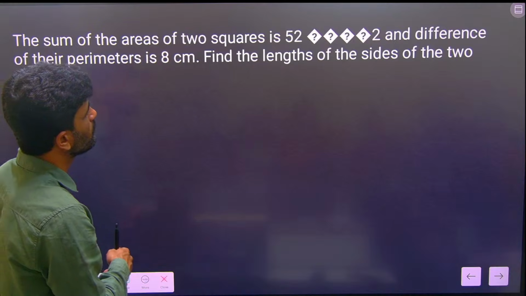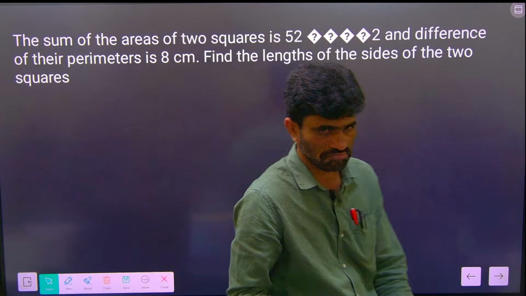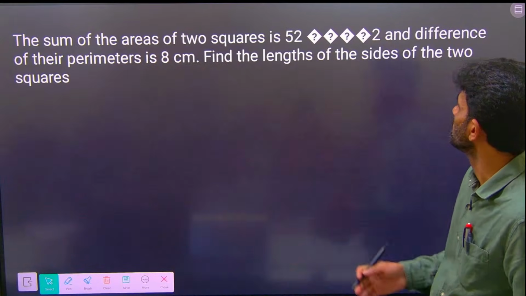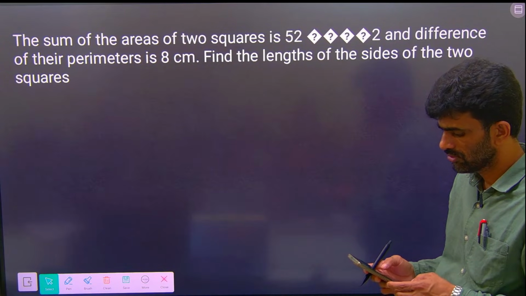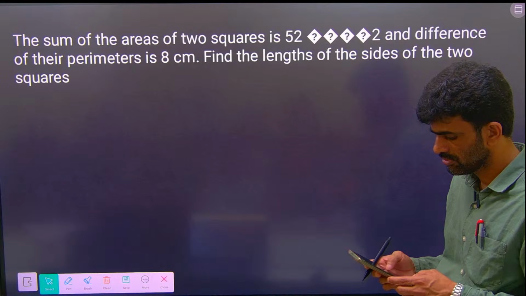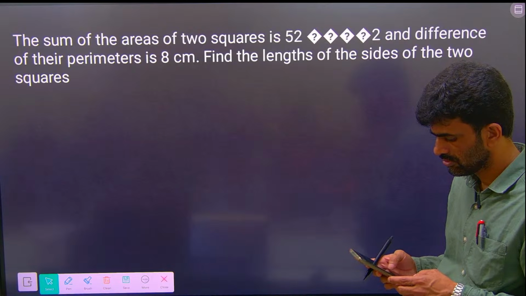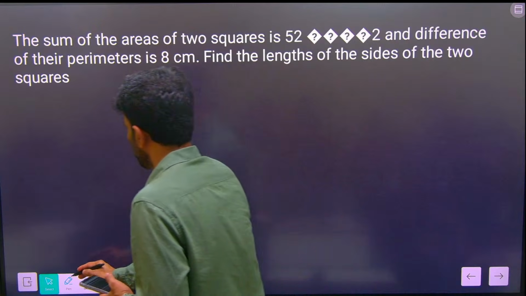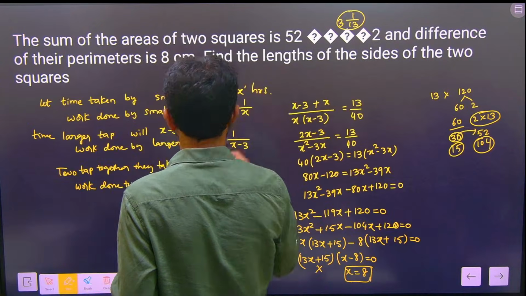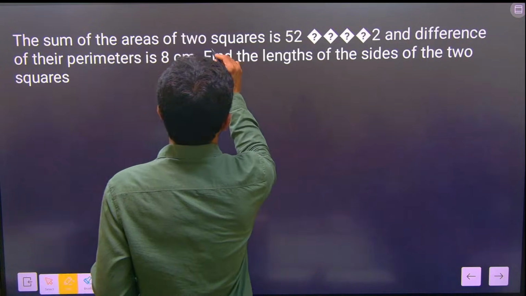Sum of the areas of two squares is 52 square units. It is 52 centimeters square. Okay. What is this problem?